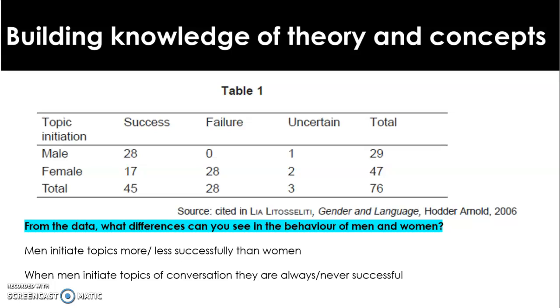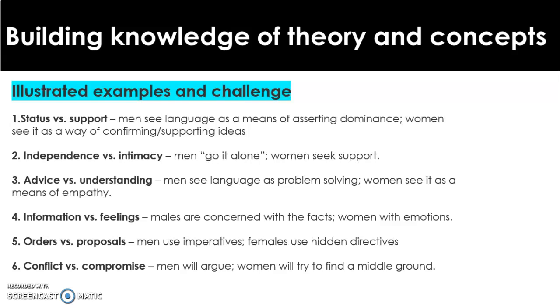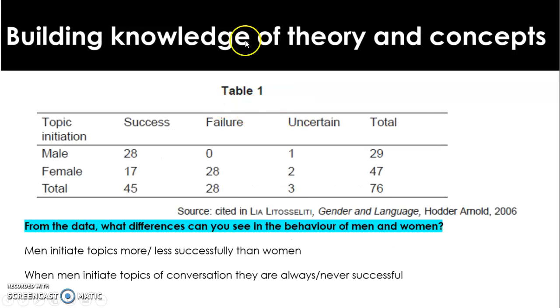To get you started, you can just edit mine so it presents the information correctly, or you can come up with 3 statements of your own. But it's really important when you start looking at data for your own coursework that you're able to read a table and recognise what validity might be there. So just have a little pause and give me 3 statements in terms of the differences in male and female behaviour. Okay, so what can we see the differences?